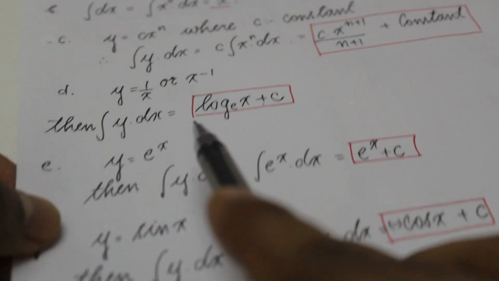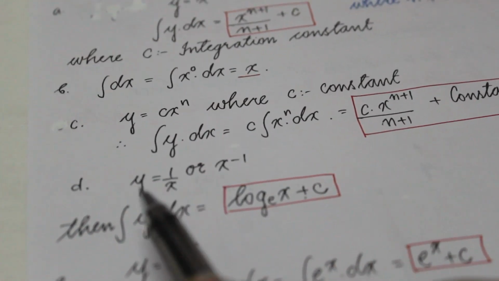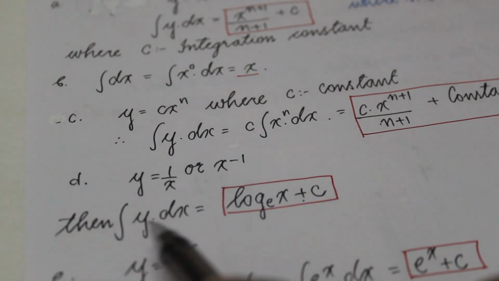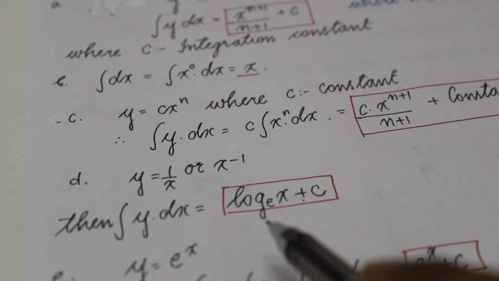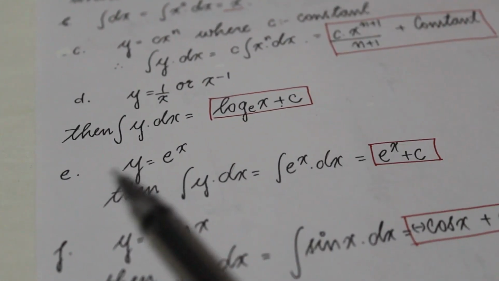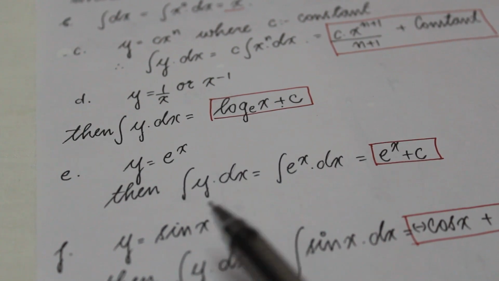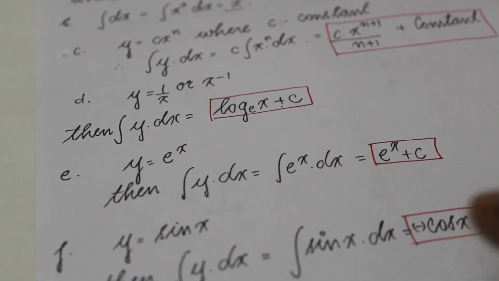We'll directly apply that integration of y dot dx will be equal to log x plus c, where c is the integration constant. Similarly, if y is equal to e to the power x, then integration of y dot dx will be e to the power x only.